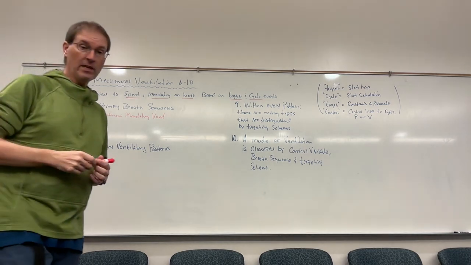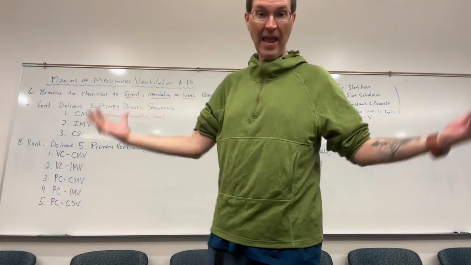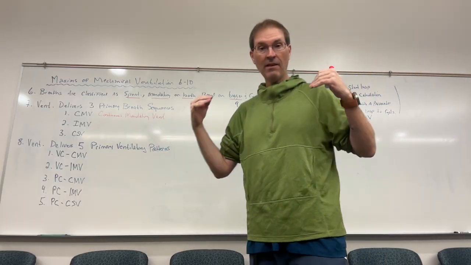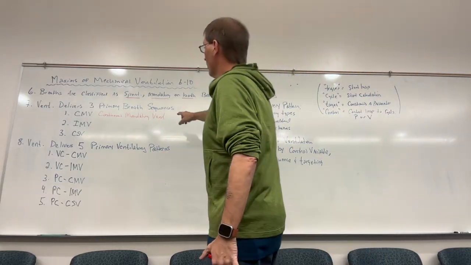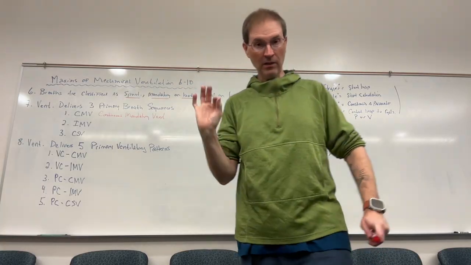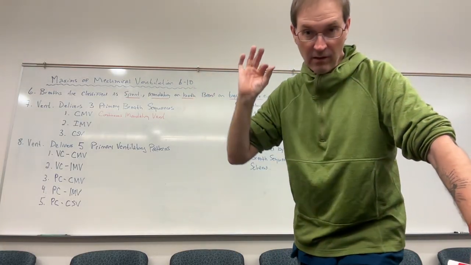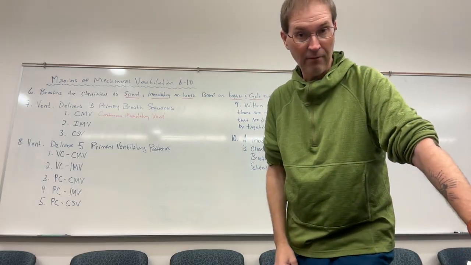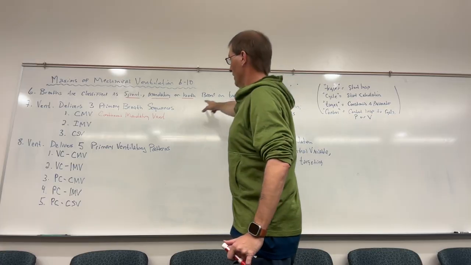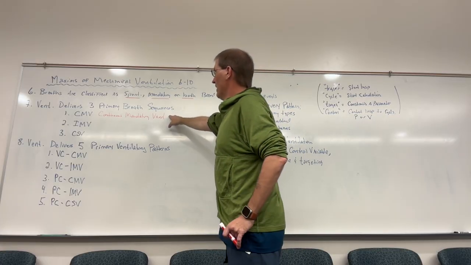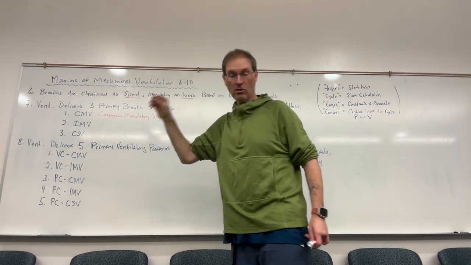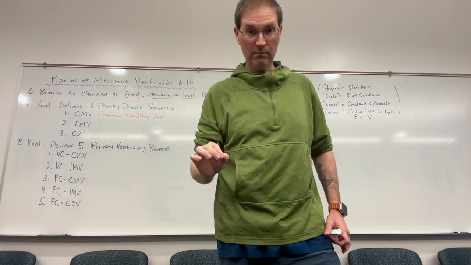Continuous mandatory ventilation, it doesn't matter what the name of the mode is that the company gives it. When we say that a ventilator is delivering CMV, that is that the ventilator is in complete control of the breath. The triggering and the cycling is mandatory and is being done by the ventilator. That's what it means to be in a CMV mode.